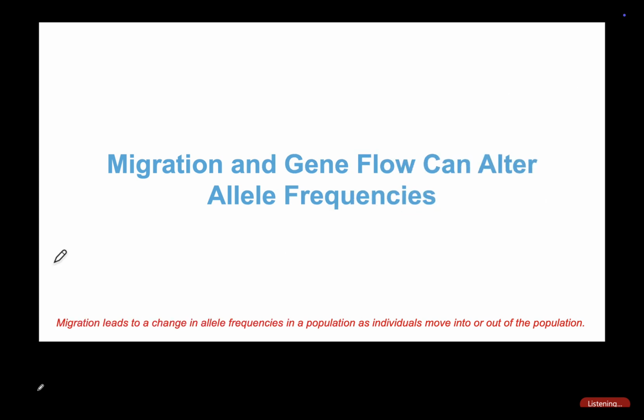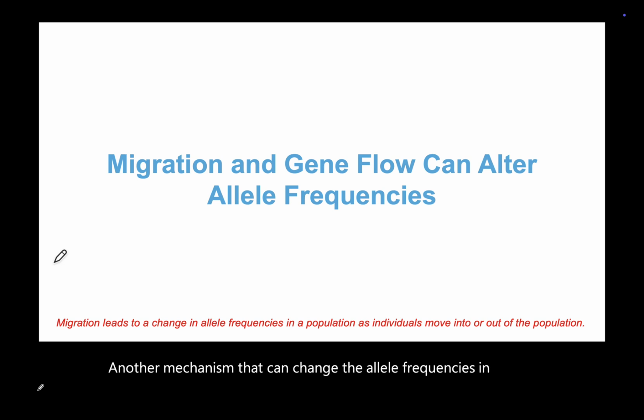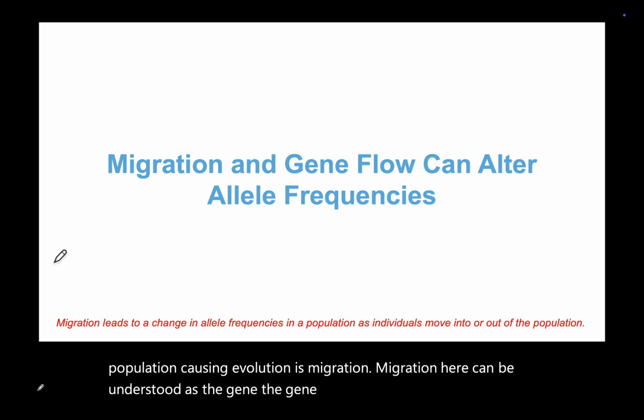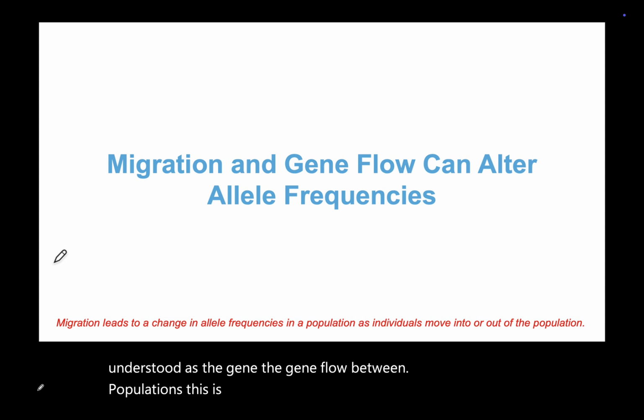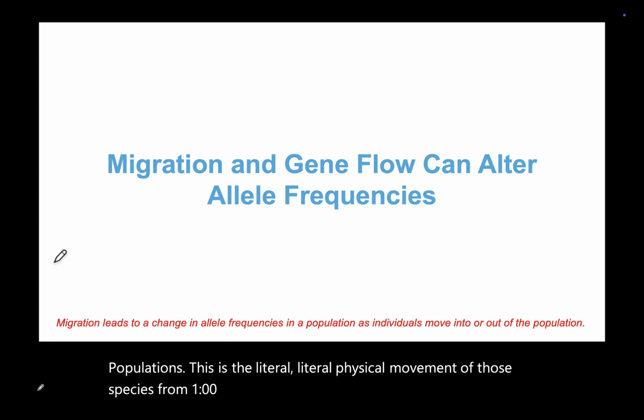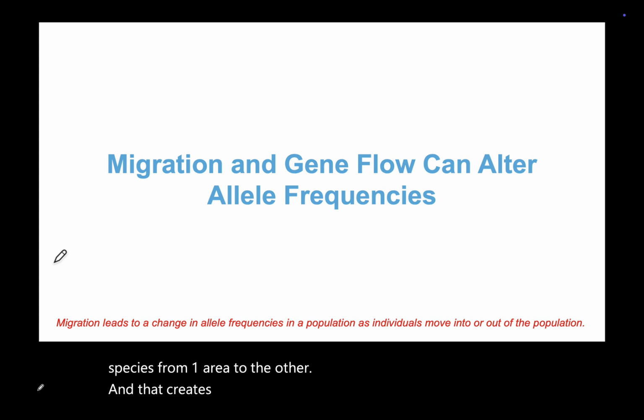Another mechanism that can change the allele frequencies in a population, causing evolution, is migration. Migration here can be understood as the gene flow between populations. This is the literal physical movement of those species from one area to the other, and that creates the gene flow, the genes moving from one area to the other.